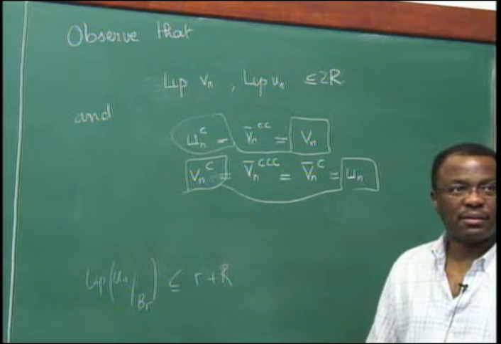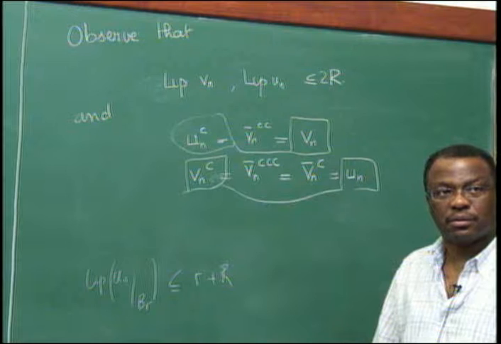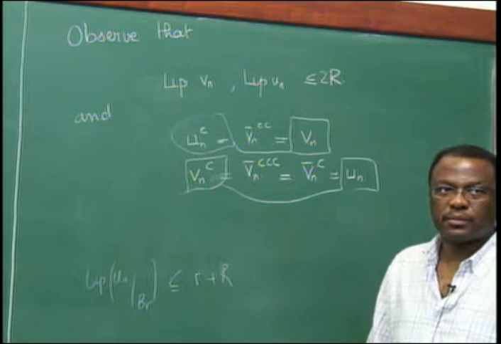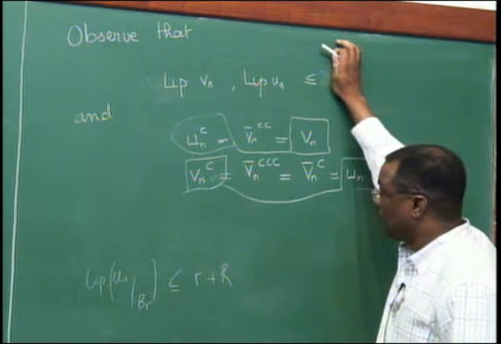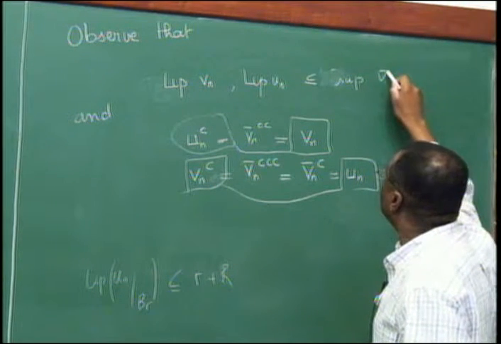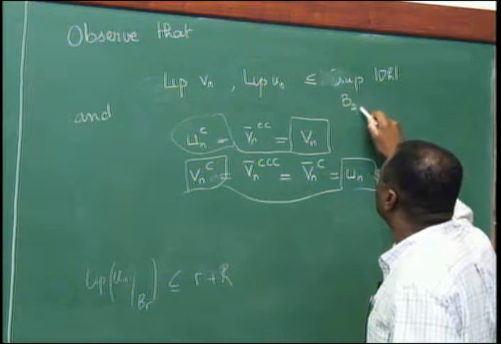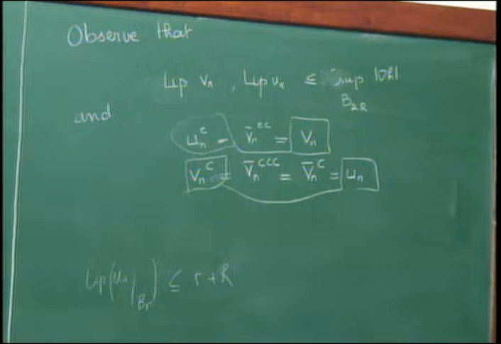Isn't that the sup of the gradient of h on this ball of radius r plus? Oh, yes. Yes, thank you. It is less than the sup of the gradient of h over the ball. Yes, this is what it is. Yes, thanks.